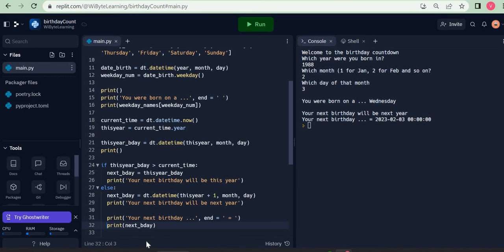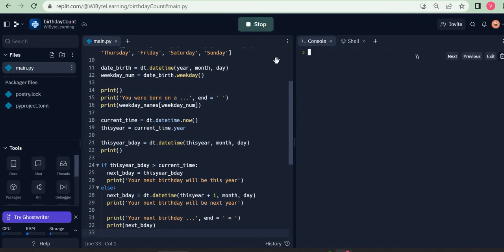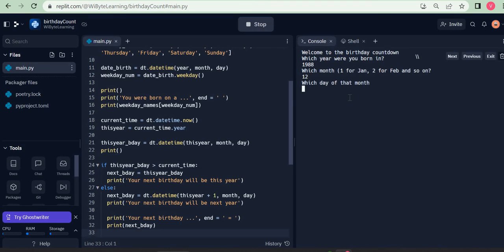Now, this is very, very interesting. Notice this gap here will get ignored, but because of this indentation, these two lines have now become a part of the else condition. And remember, we are dealing with the T junction, so either we go here or we go here. We can't do both. Let's say I gave it a birthday in 1988, say 12 and 12.